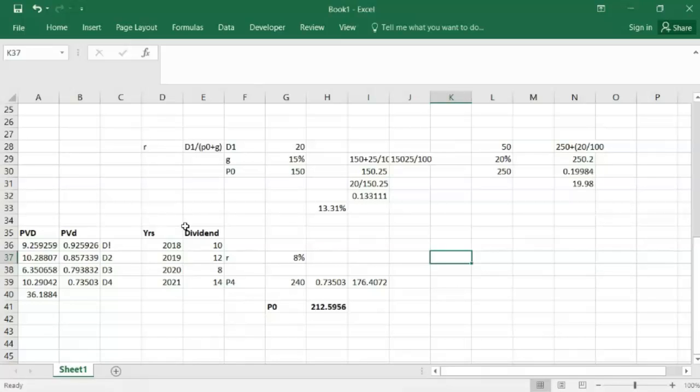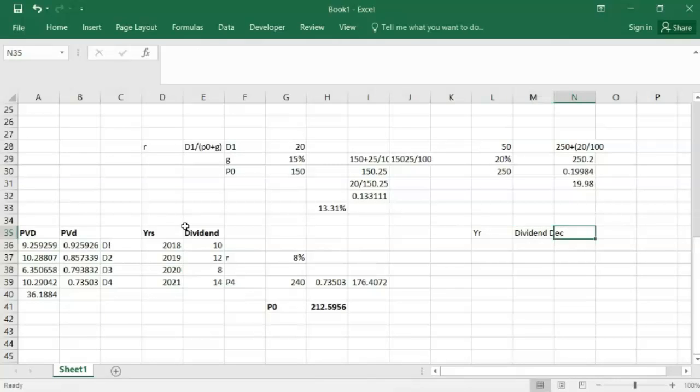The second one is the same problem, and I just take it with values. I can take the dividend received each year, or I can take the dividend declared by the company.